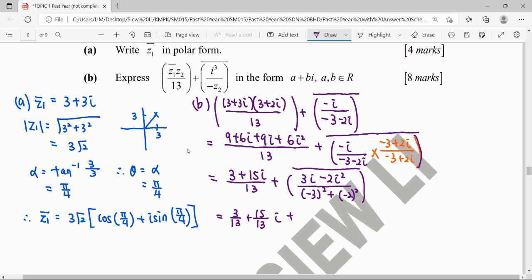So finally, for this part, we simplify the i squared here, it will become negative 1. So negative 1 times negative 2 gives you positive 2, plus 3i, over this: negative 3 squared is 9, negative 2 squared is 4, so 9 plus 4 will become 13.